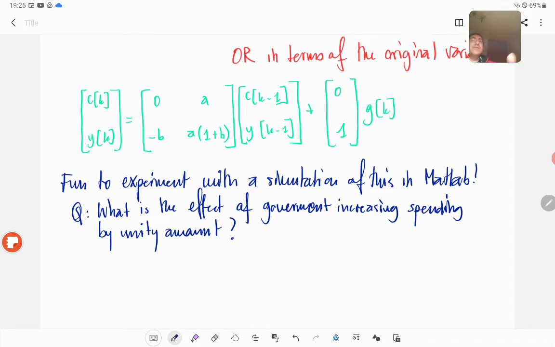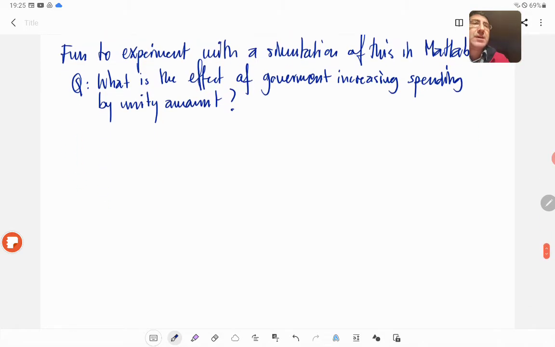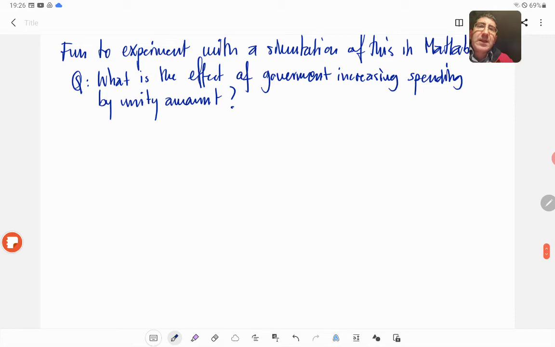Okay, so you are asking the question, what happens if the state increases its expenditures by a unity amount? That means a unit step response. Let me show you a couple of curves.